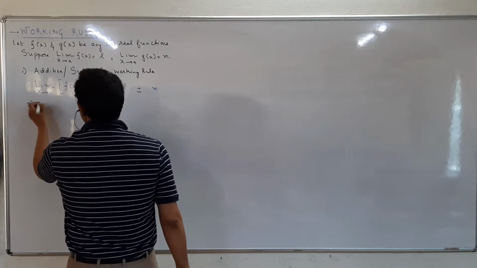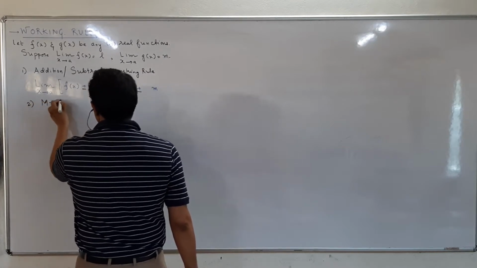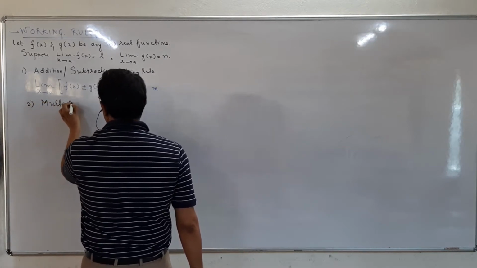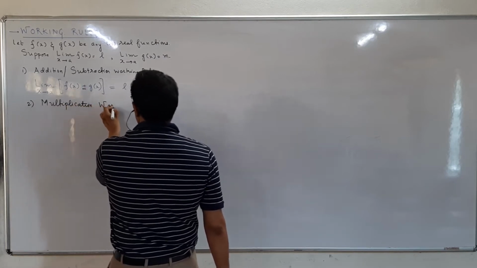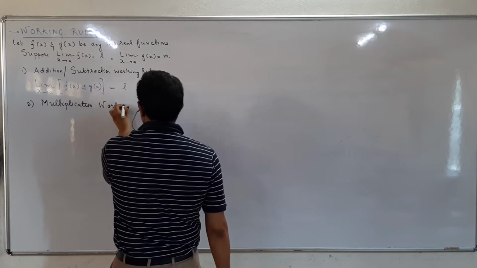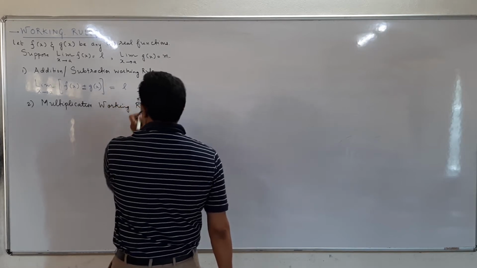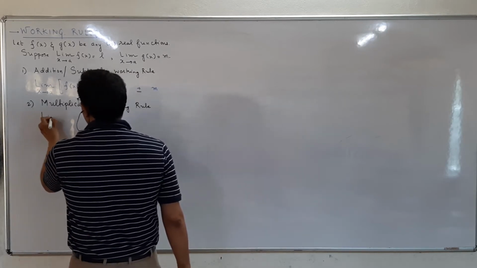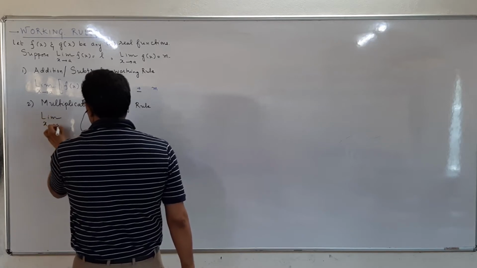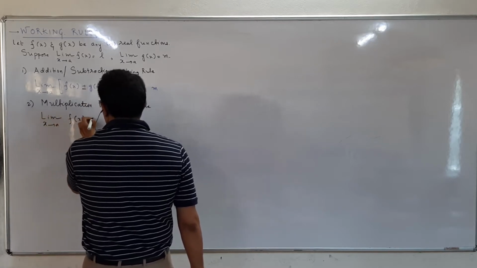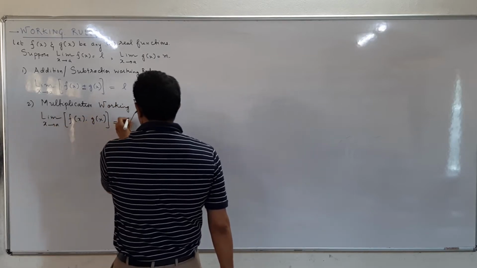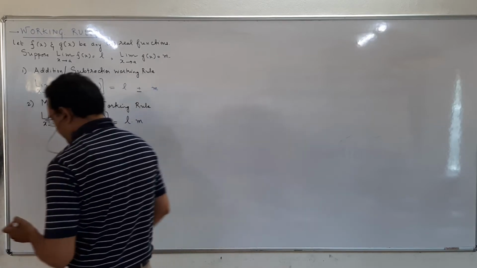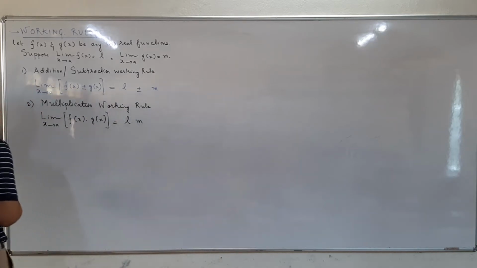Second is the multiplication working rule. Limit x tends to a, f(x) into g(x) is equal to L into M. How to speak this in words?